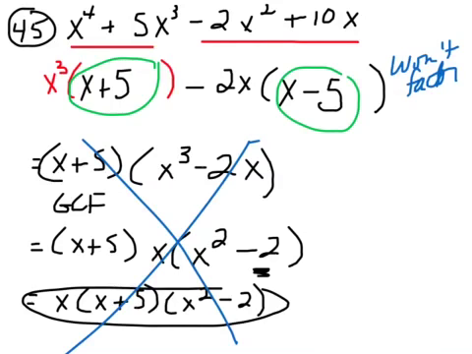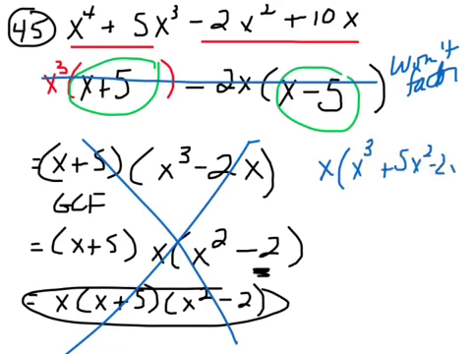Now, the only thing that I could have done here was take a GCF out because this didn't work out for me, did it? So all of this was for nothing, and I could say, okay, I see that it doesn't factor. The only thing I could do is take an x out of each term because there is the GCF of an x. So I could take an x out of everything and it would be x cubed plus 5x squared minus 2x plus 10.